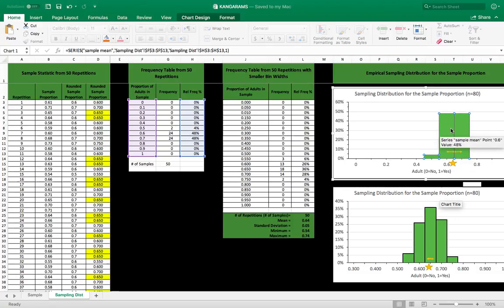The range of each bin for this histogram, since it goes by tenths, is 0.6 all the way to 0.699, while this one takes into account the hundredths place. So of course it's more precise.